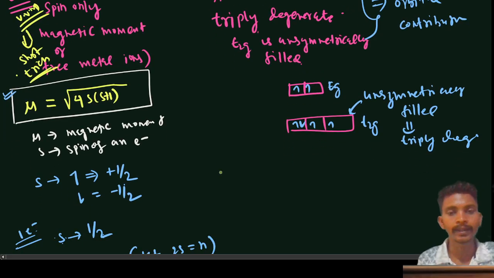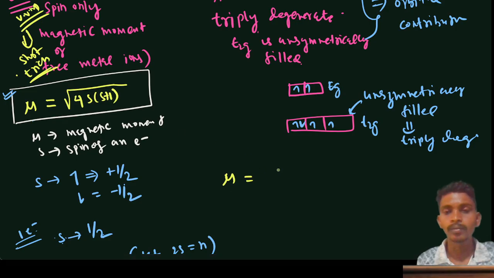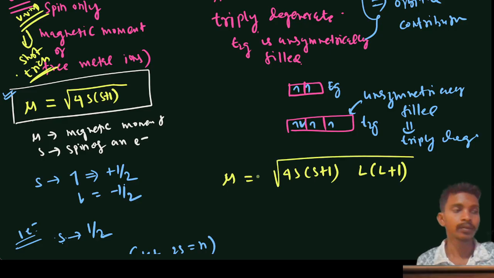In this case, the magnetic moment is calculated with the same formula, that is, the square root of S(S+1), okay, and that is L(L+1). When there is this addition, these two will be added.